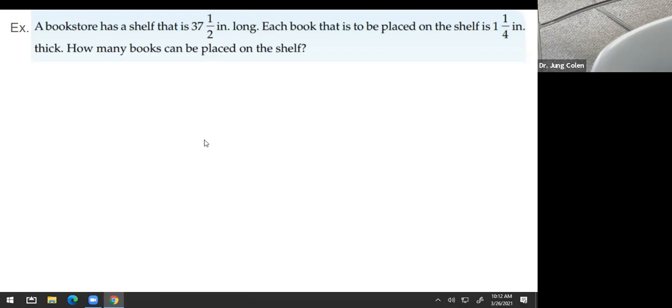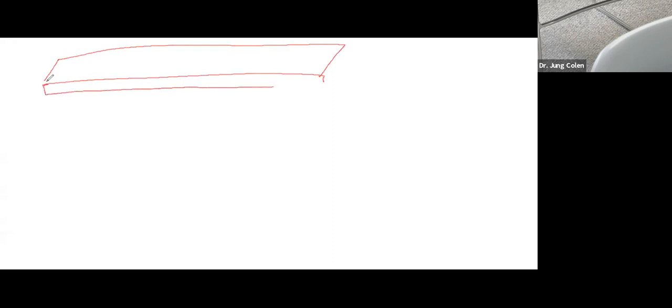If I draw the picture to represent the situation, we can do the same thing here, right? So a bookstore has a shelf. Okay, I have a shelf here. Three-dimensional. This is a bookshelf, and this is 37.5 inches long.